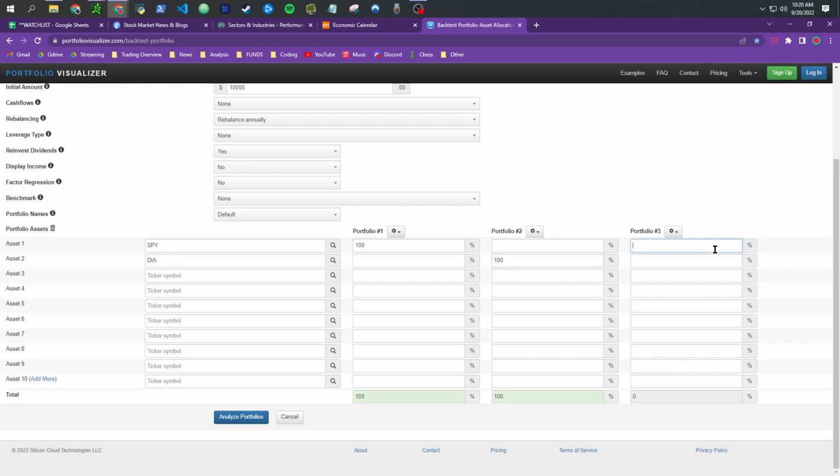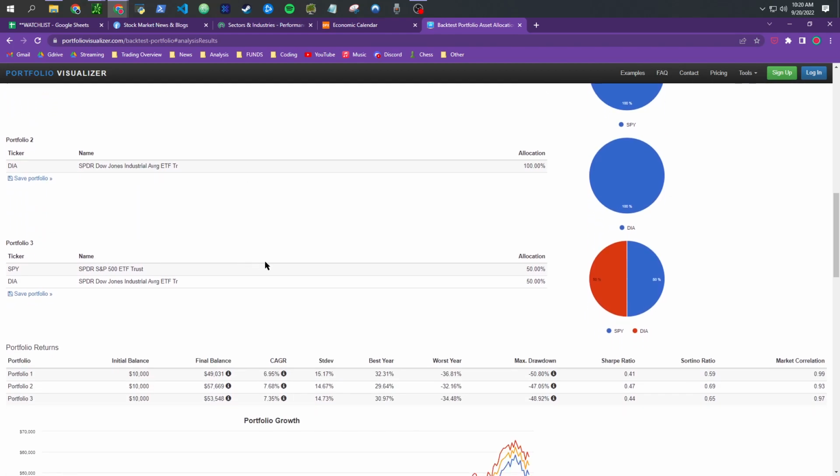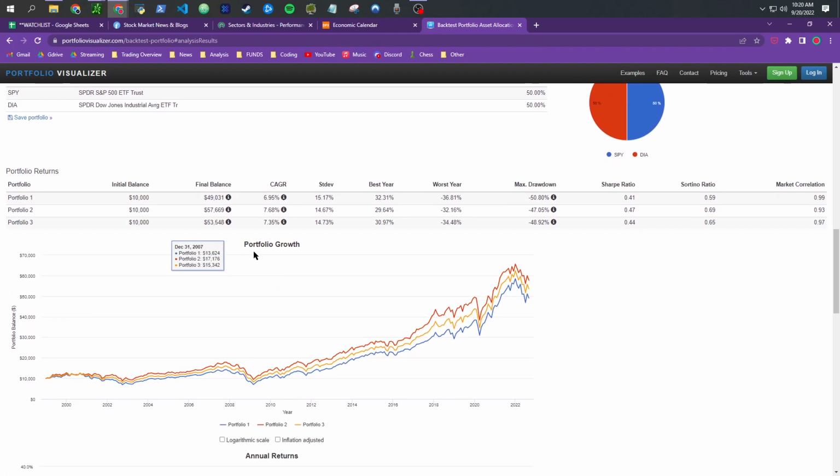Let's say you had one with nothing but S&P, one with nothing but Dow, and then a straight mix, right? And it'll tell you what the performance was over time. So like right here, and it'll give you all these metrics too. So this is a very useful website. I don't know if too many people know about it, but I use this a lot. And this will also give you correlations as well.